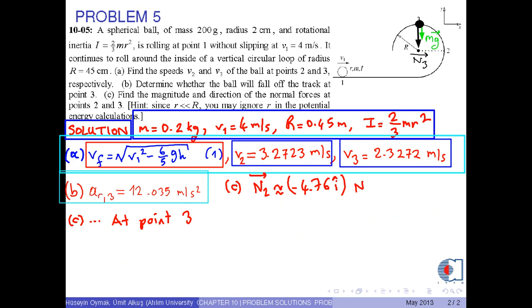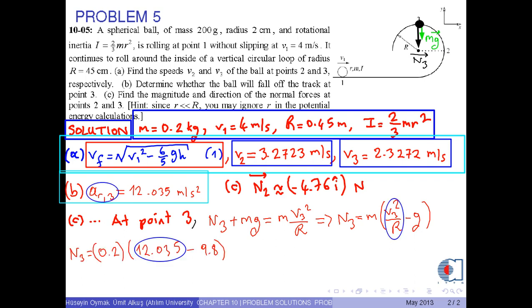At point 3, the free body diagram for the object is drawn like this, and Newton's second law gives N3 plus m times g equals m times V3 squared over R, and we obtain the formula for N3 as m times V3 squared over capital R minus g.